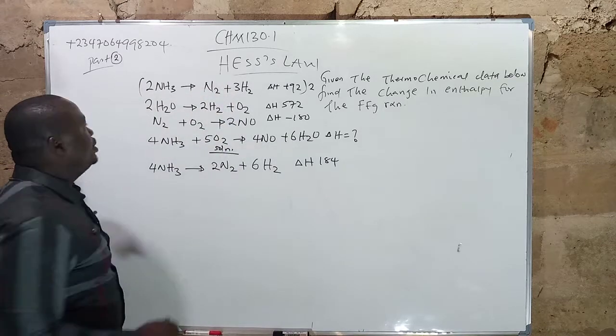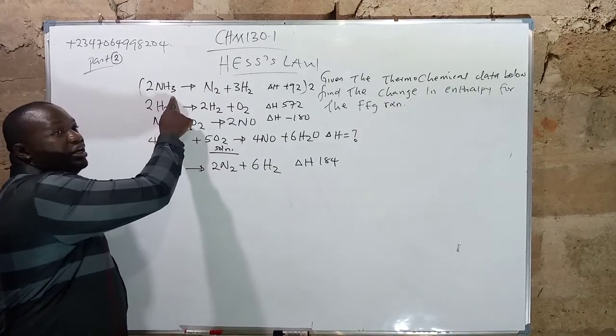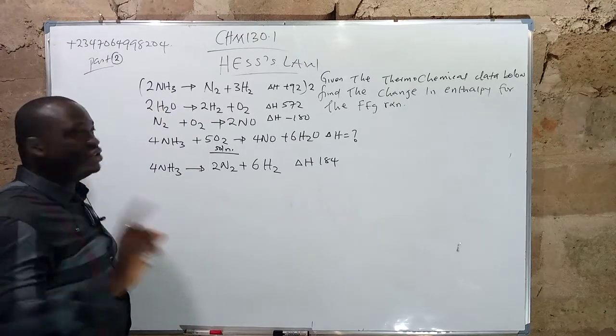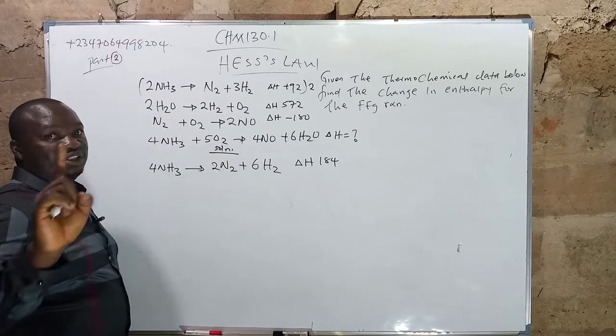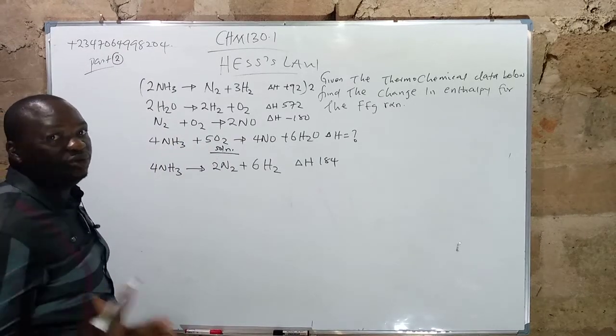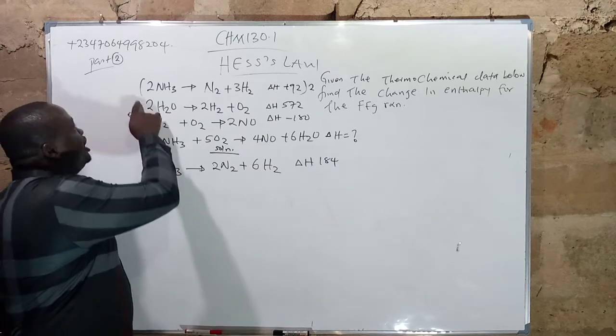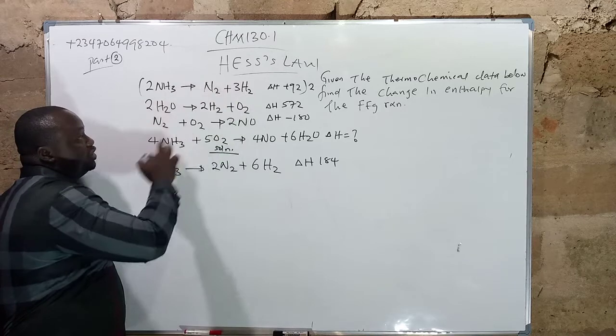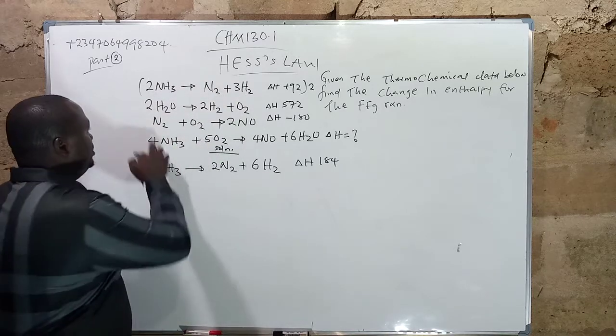It's not possible. Once you consider one compound, the ammonia, you have to go to the second one. Are you seeing it? So only once. Every reaction you have to consider once here, except in special cases, which I'm also going to do a video on. So here we're already done with this. Of course, we're not considering nitrogen and hydrogen because they appeared more than once. So the next thing is water.